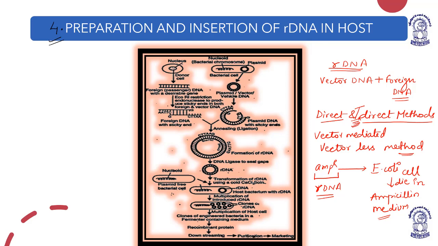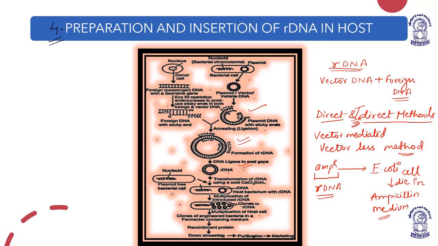So this is the whole picture which is given. In this picture I will not start from the beginning because everything is known. The restriction endonucleases cut the plasmid, then ligation is done with the help of DNA ligase to seal the gaps. Then this is the plasmid free bacterial cell, and this is the transformant, the host bacterium with rDNA.